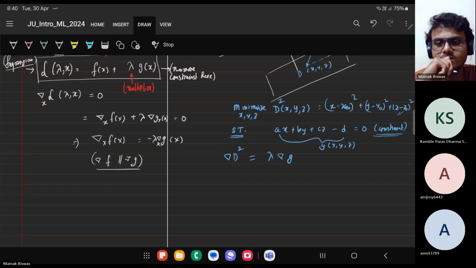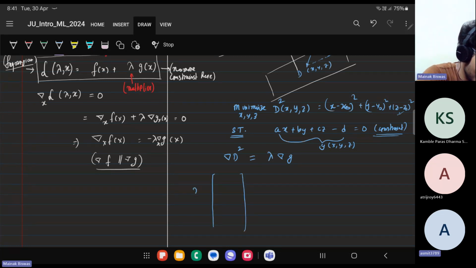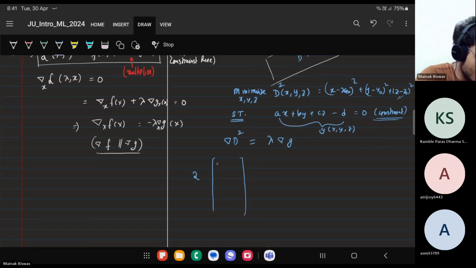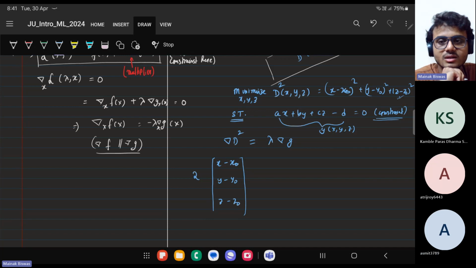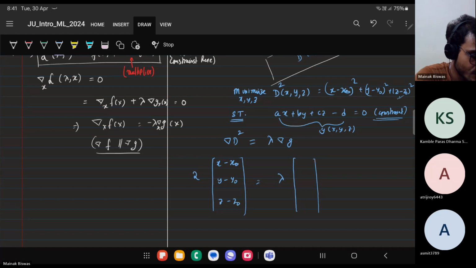Do you agree? Any doubts? If there are no doubts, what is the gradient of d squared, the left hand side? 2 times x minus x naught, y minus y naught, z minus z naught. Clear to everyone? And what will be the right hand side, if someone else can tell me? a, then b, then c.